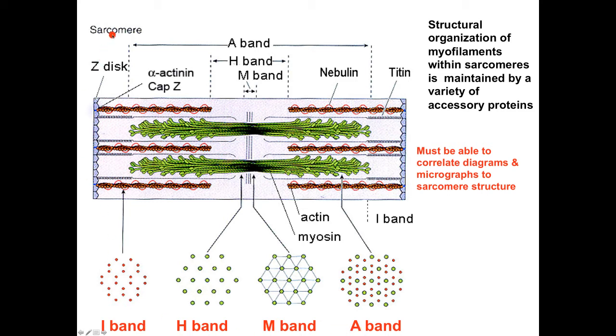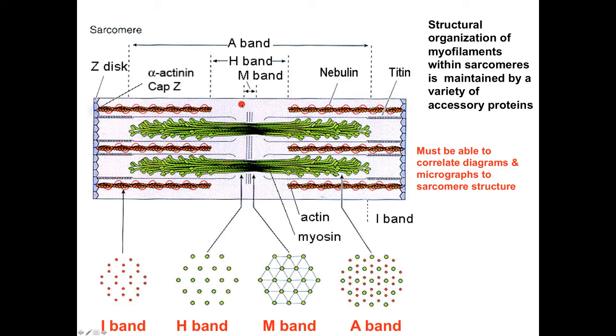So you can imagine if you took a section right through here, the cross section, you'd see the little red dots. That would be the I band. On the other hand, if you took a section right here, you'd see a larger set of dots. That would represent the H band. On the other hand, if you took a section like this, where you're catching both the A band and the I band, you'd have a section like this where you'd have larger dots surrounded by smaller dots.